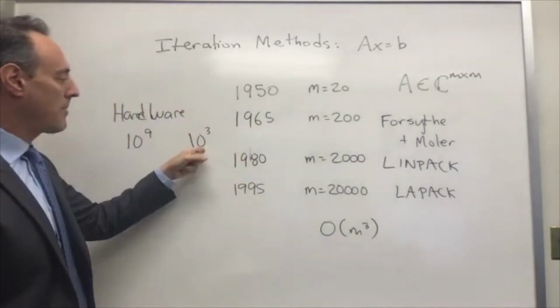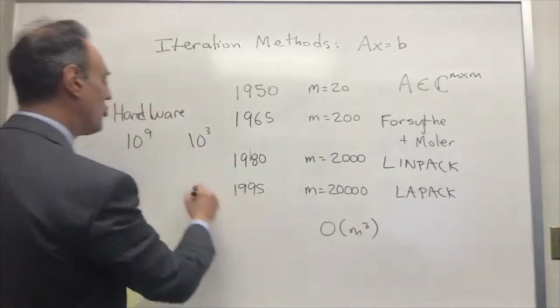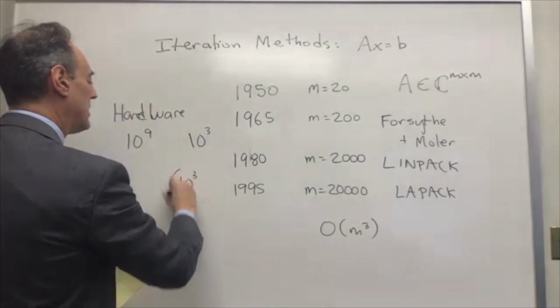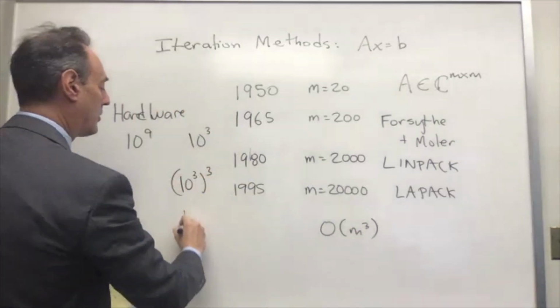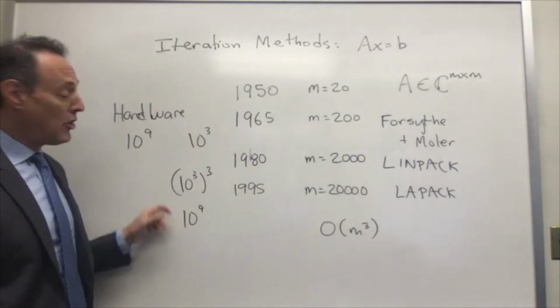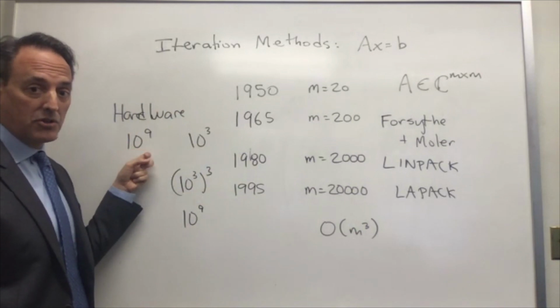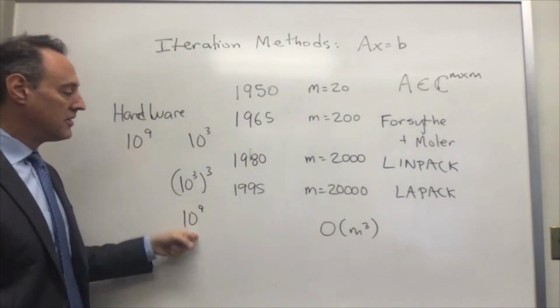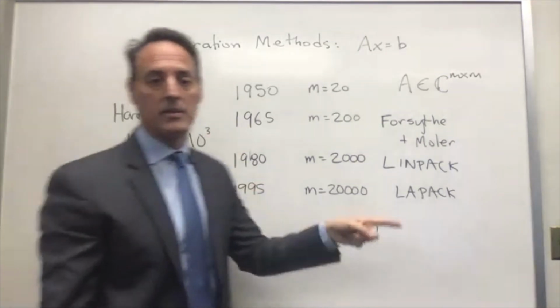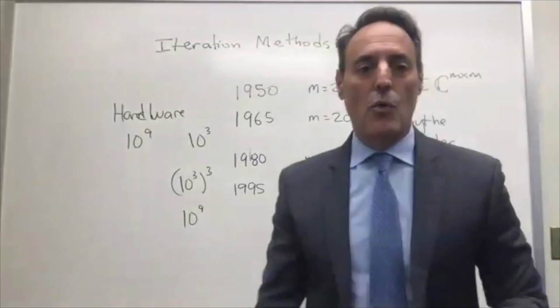So this went up by 10 to the 3, but since these are m cubed, this is like 10 to the 3 to the cube power, which is 10 to the 9. So we had to get a 10 to the 9 increase in computational hardware abilities to get a 10 to the 3 increase in solving matrix sizes. So what's the problem?